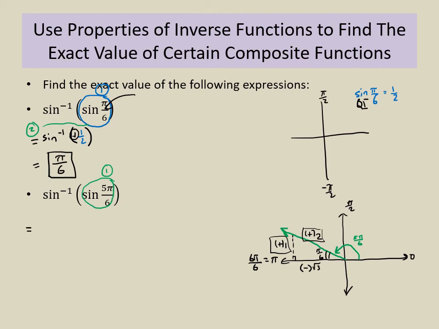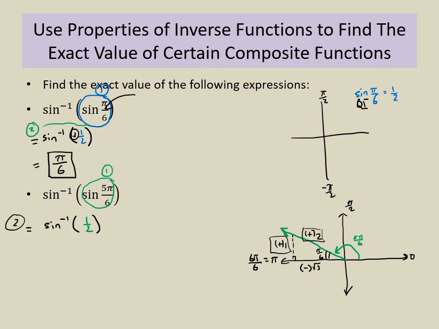So now we get the inverse sine of 1/2. That's what sine of 5 pi over 6 is, 1/2. Okay, and now we evaluate this. That's step number 2.